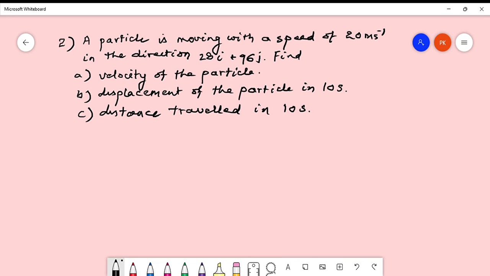So first, here the direction of motion is given, and also we know that the speed is the magnitude of velocity.